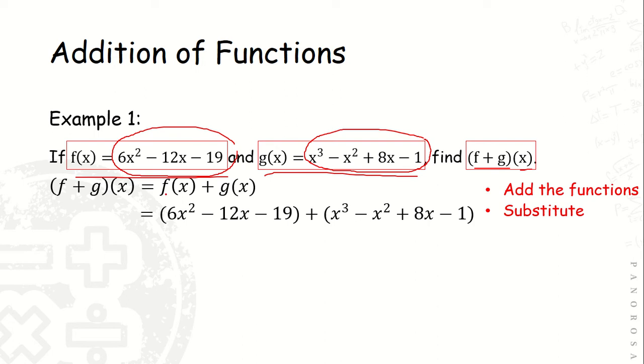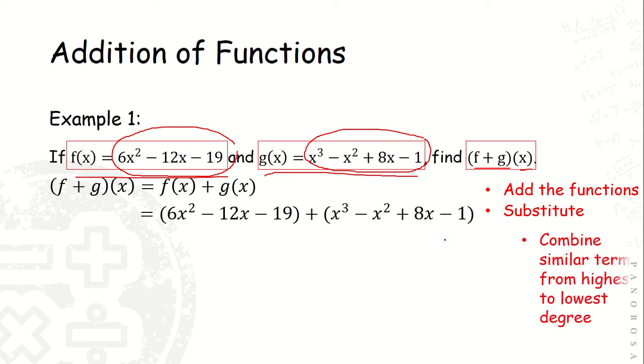So we remove the variable f of x and replace it with the given value, and the variable g of x and replace it by the given value. And then we will combine similar terms to simplify our function.